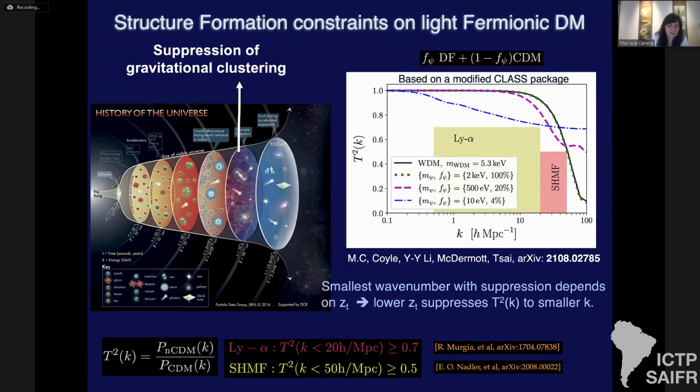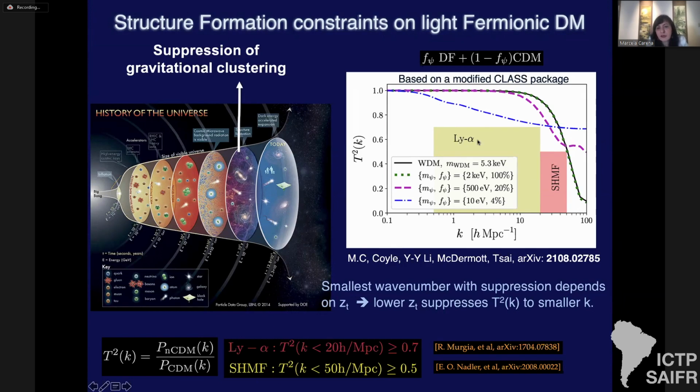We use the CLASS package, and we compare this power spectrum in this area with a warm dark matter with a mass of 5.3 keV, considering these bounds from Lyman alpha and subhalo mass functions, which I can go into detail about if you ask me later.